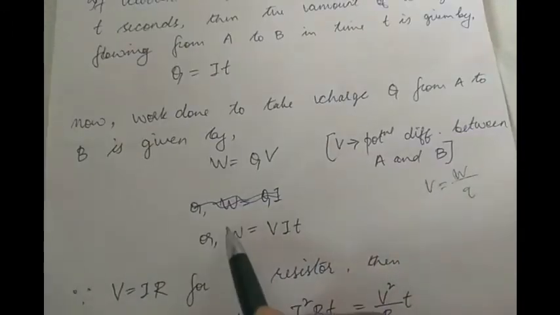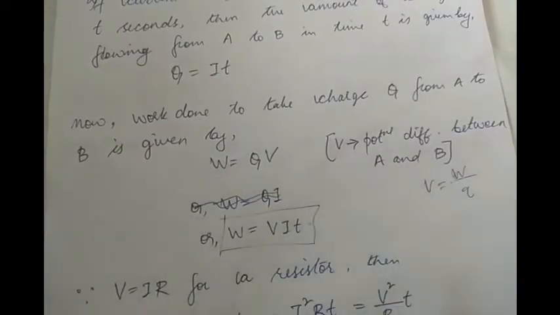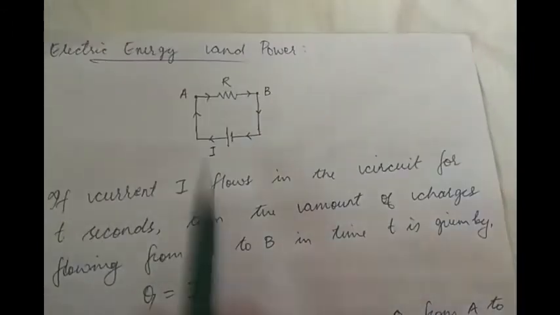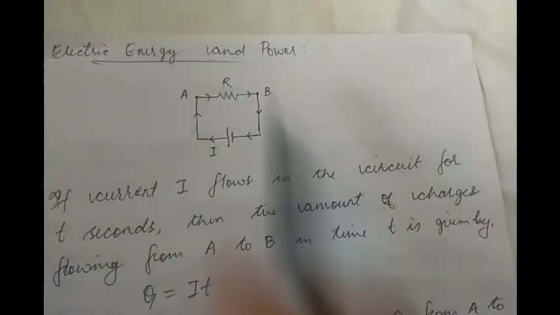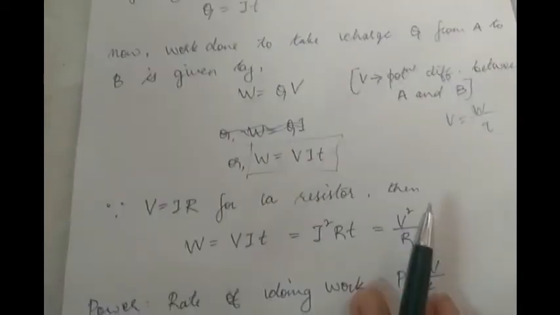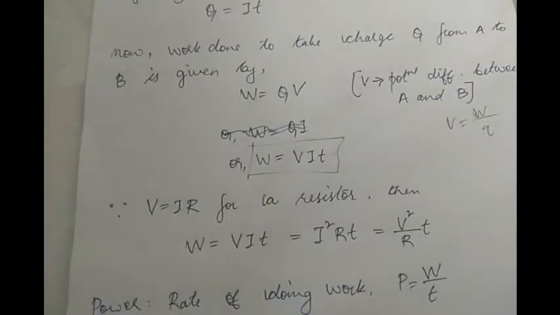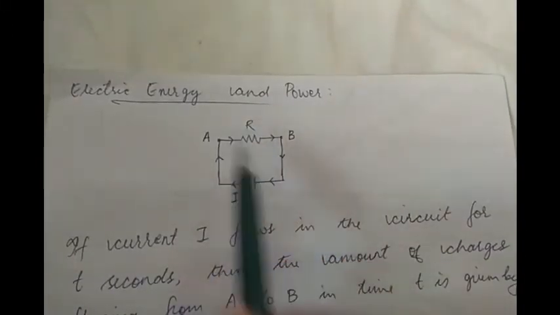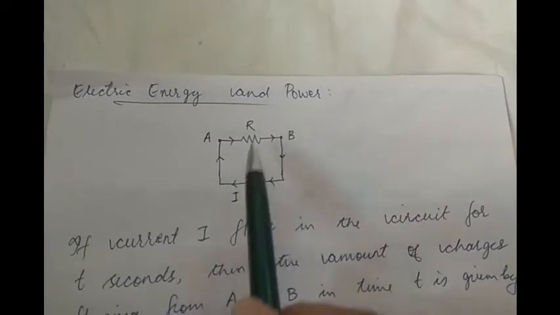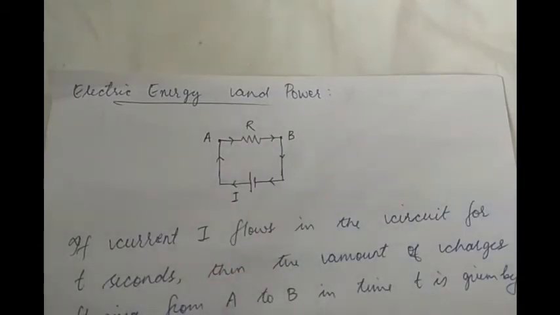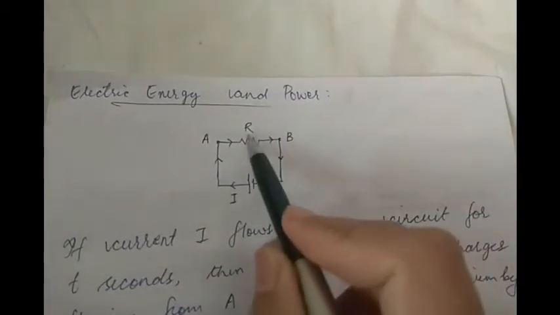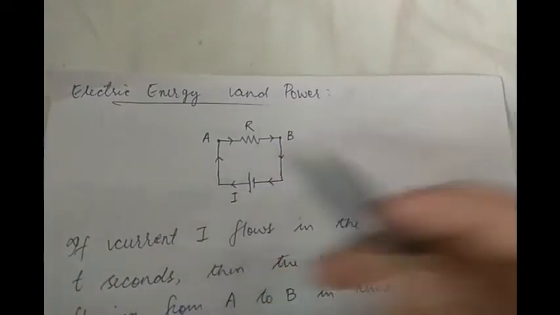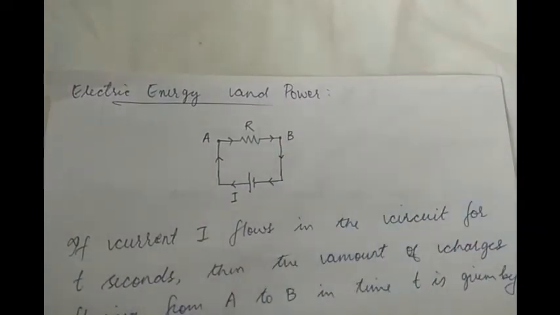So this is the amount of work that needs to be done when a charge moves from one point to the other. Now, since we have a resistive circuit in here, see, I have shown a resistor between points A and B. Instead of a resistor we could have had anything. We could have had a capacitor in here, or any other electrical component like an inductor.